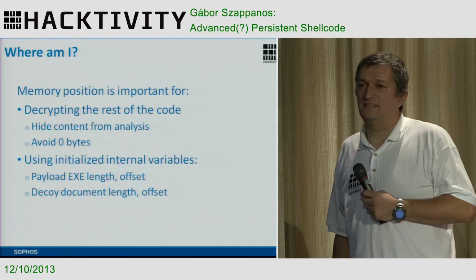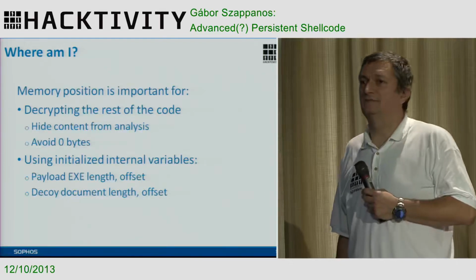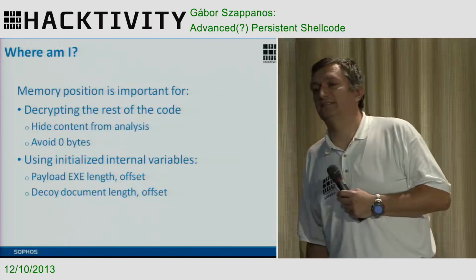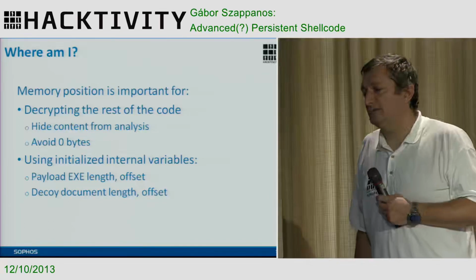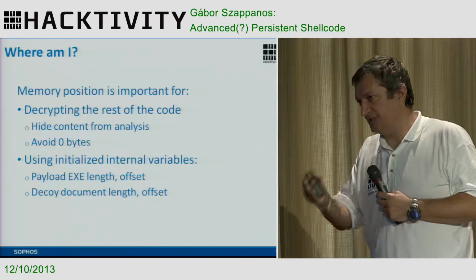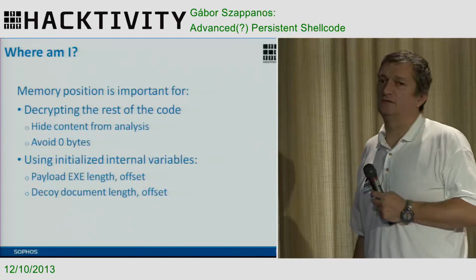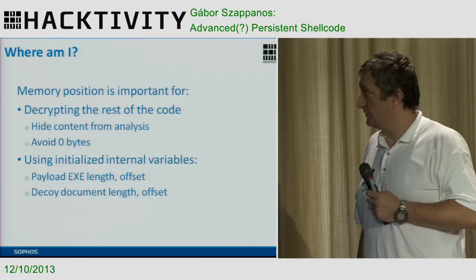And in a string buffer, zeros are terminator characters. So if a shellcode doesn't avoid using zeros in its code, then the problem will be that after the exploitation, the rest of the shellcode after the first zero will not be executed. So this has to be avoided.